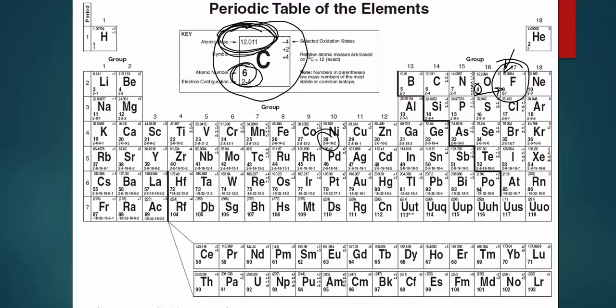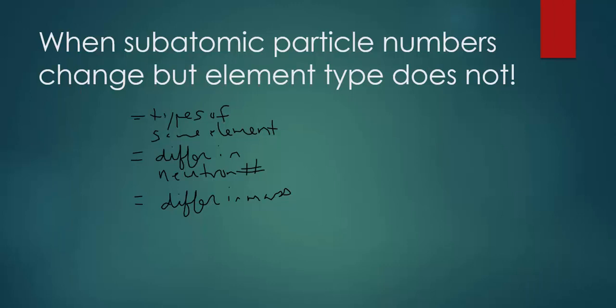All right, now what about this thing called an ion? All right, well, ions is the other thing. Remember, we said protons can't change. If neutrons change, they're isotopes. So now we're left with electrons.